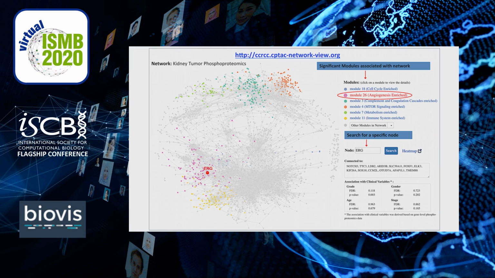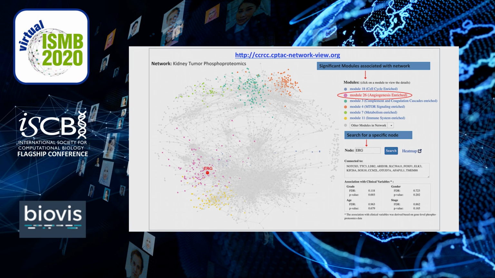Once you search for that gene, it is highlighted in the network in red color. Also associated metadata are displayed, as you can see, such as the connecting genes and the association with clinical variables. You can also notice that ERG is located in module 26, an angiogenesis enriched module.